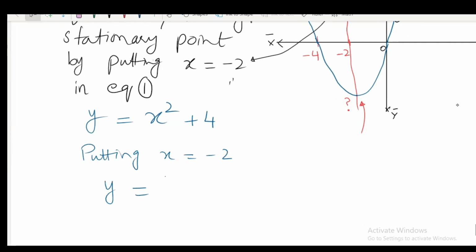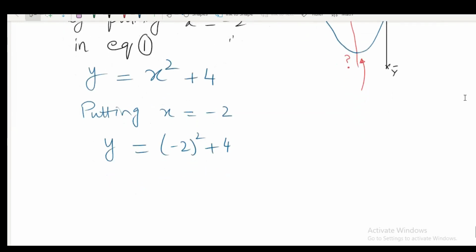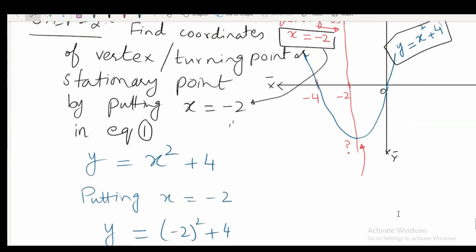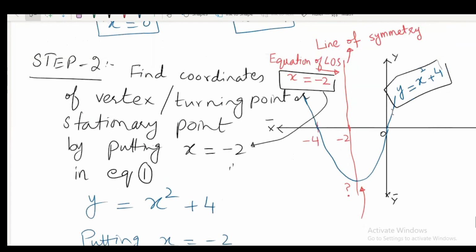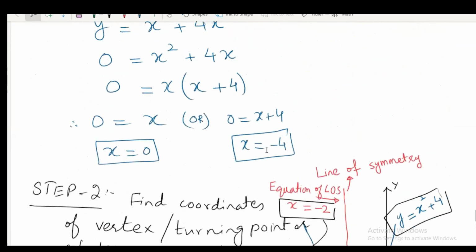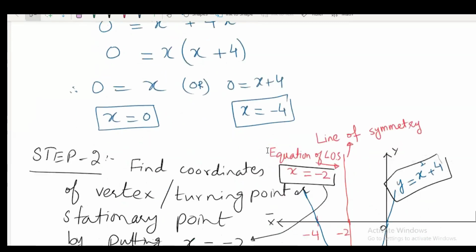So y equals minus 2 squared plus 4, minus 2 squared is 4, 4 plus 4 is 8. Wait a minute, please, there is a mistake. The original function was x squared plus 4x, sorry.